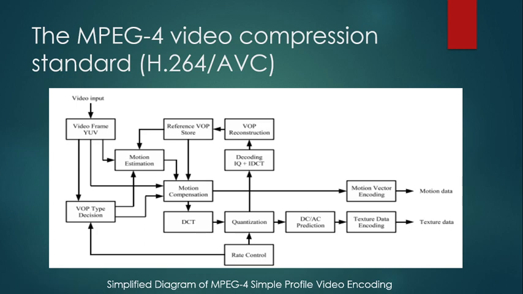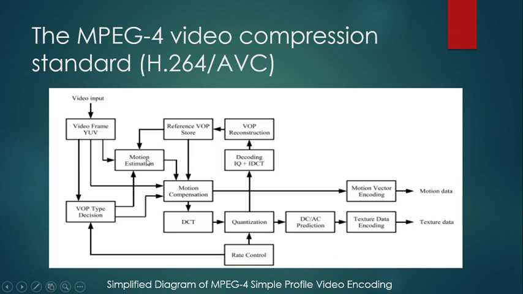The only difference you can find here is that the motion data and the texture data, that is our motion vector and the information of the macro block, are separately received from the encoder. Here VOP indicates video object plane, and the input will be in the YUV format, that is the luminance and the chrominance format.